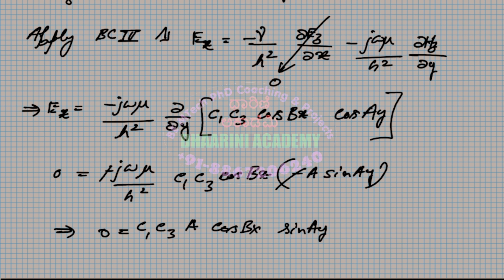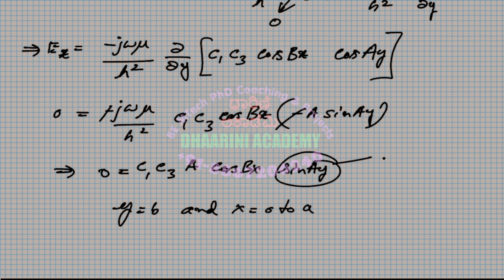Now let me bring the boundary condition here. The boundary condition is applicable at y equal to b and x equal to 0 to a. So x varies, so I cannot equate cos bx to 0. Under what condition does sin ay become equal to 0?